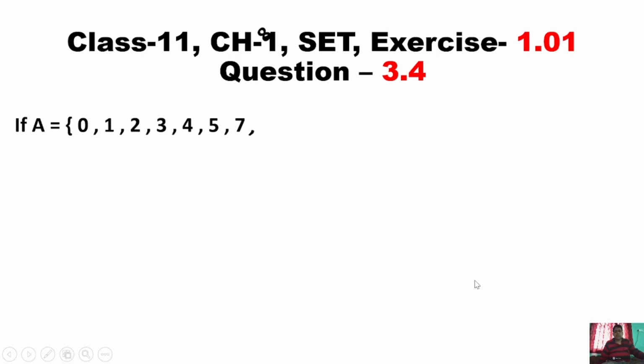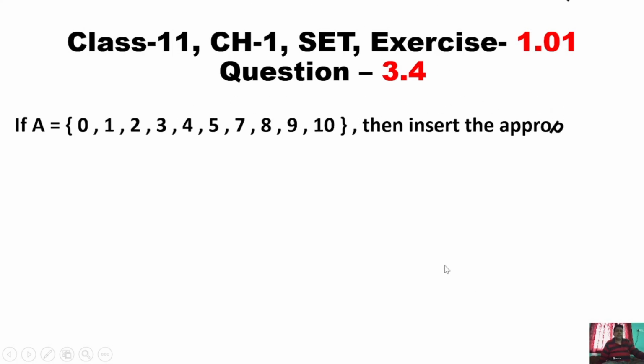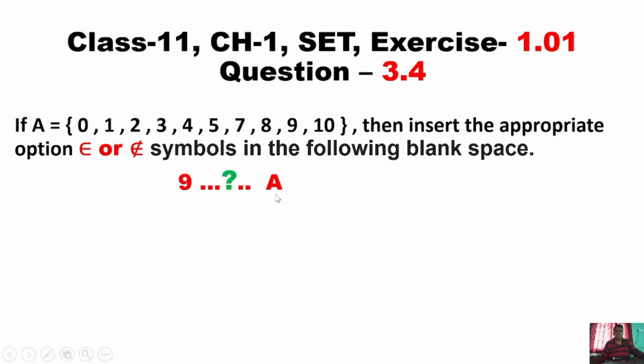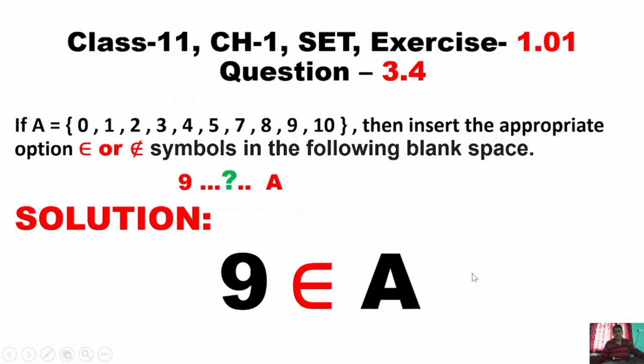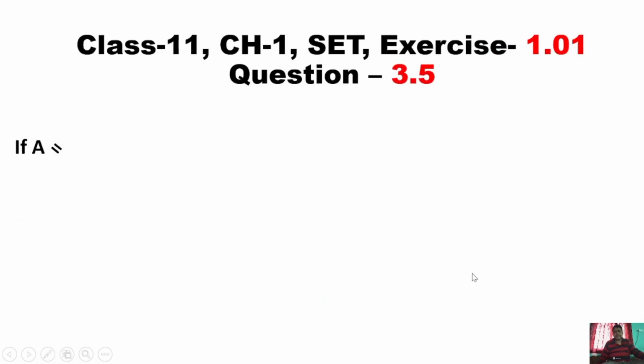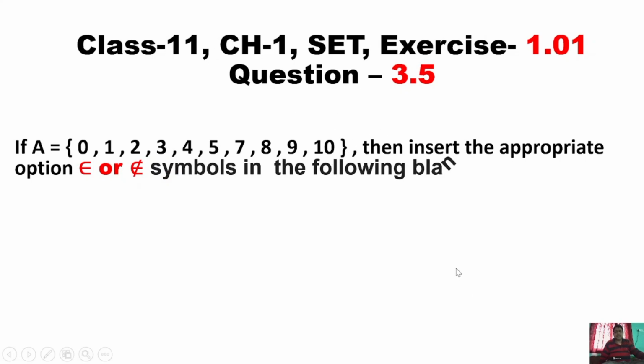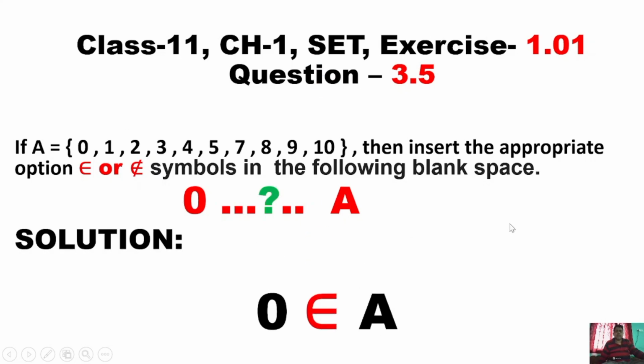Question number 3.4, exercise 1.01. Look here: 9 and A. 9 is an element that is already there, so you can write 9 belongs to A. 9 is an element of the set A. Here you see 0 and A. You see clearly 0 is also an element of the set A, so we can write 0 belongs to A. Understood?